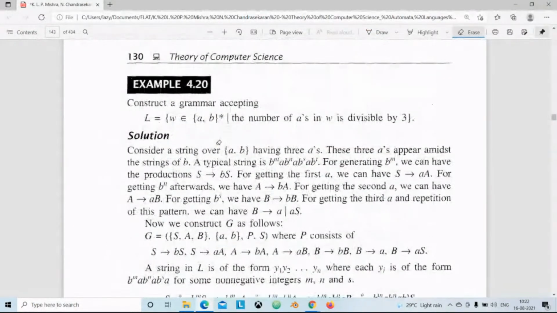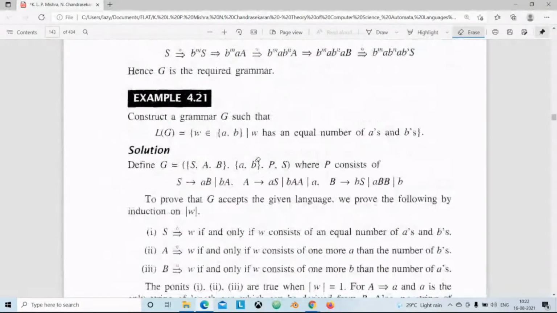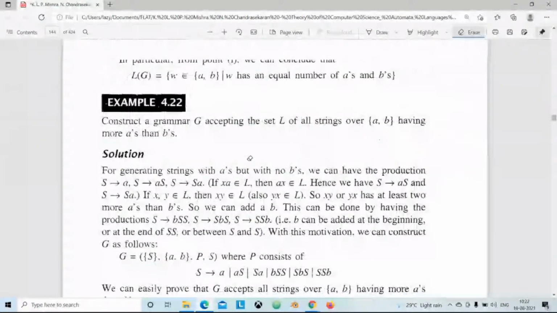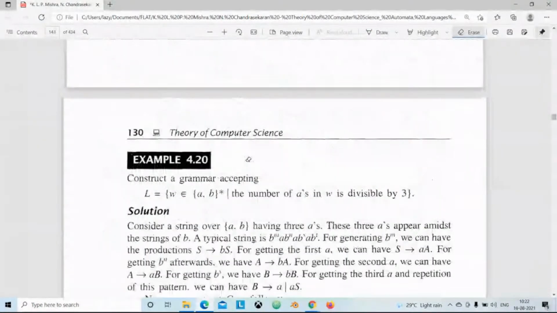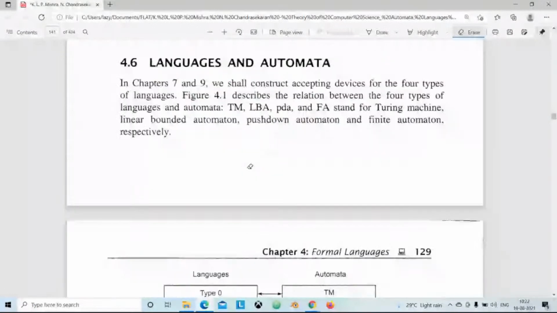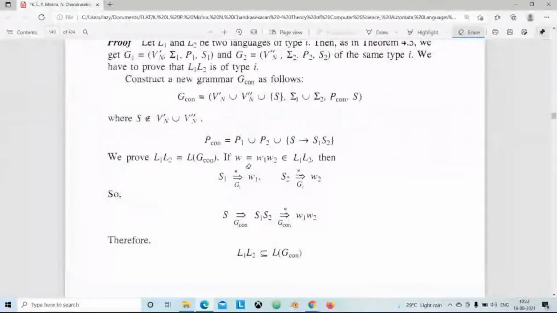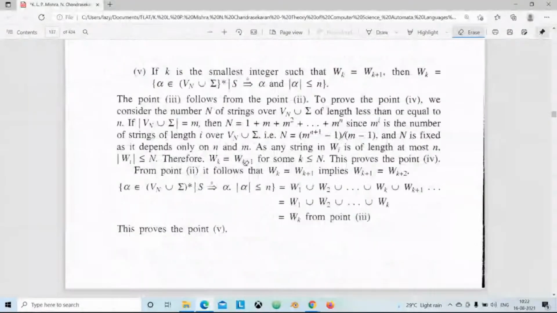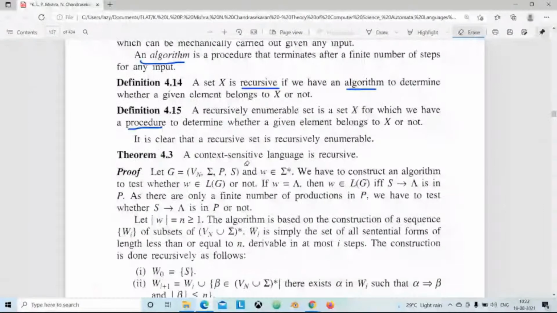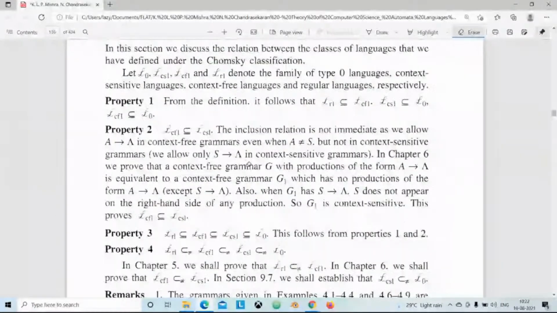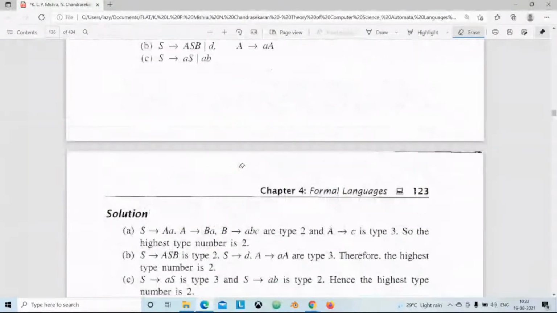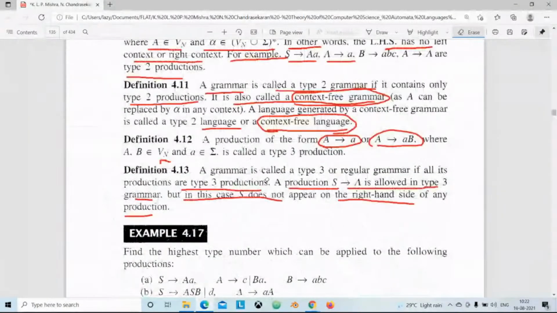Firstly, you have to realize that designing a grammar is an art. Nobody can give you a set of rules and say apply this and you'll get it, because we can have more than one grammar that represents the same language. That is possible, and you can learn this by practicing more and more questions. That is the only way.